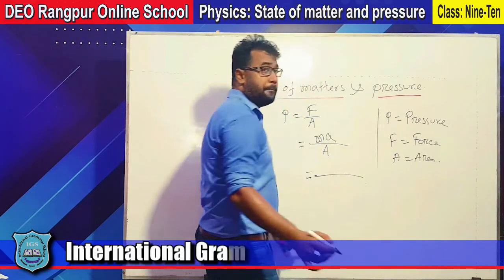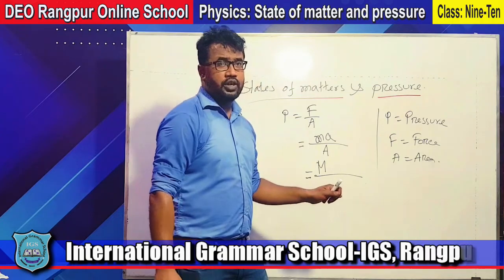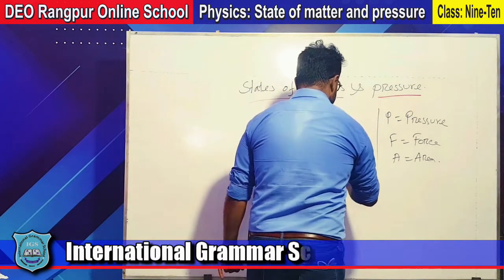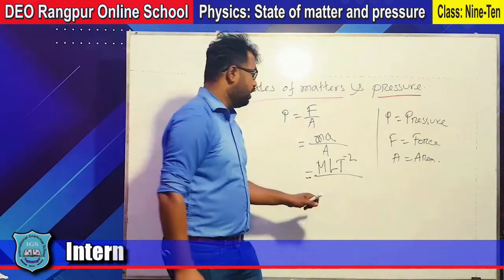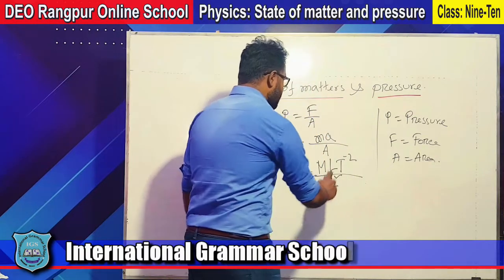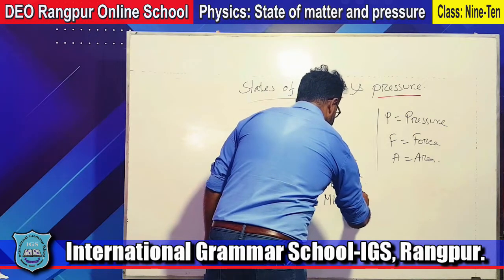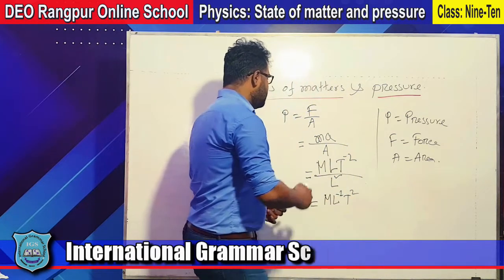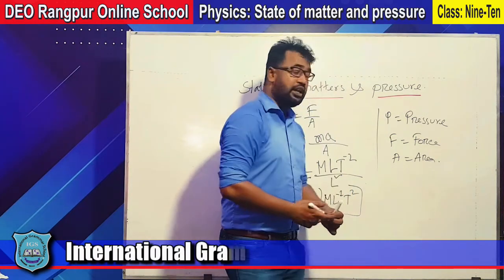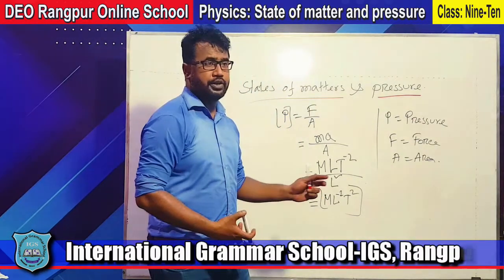The dimension of mass is capital M, the dimension of acceleration is L T inverse 2, and the area is L square. So that will be M L inverse 1 T inverse 2. So the dimension of pressure equals M L inverse 1 T inverse 2. This is the dimension of pressure.